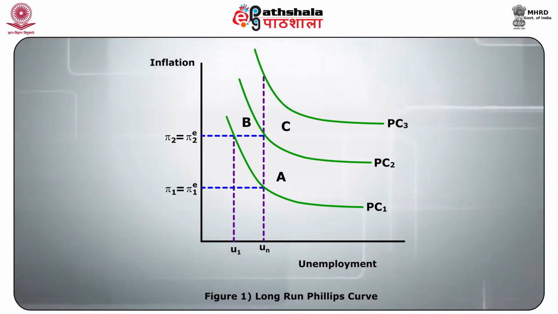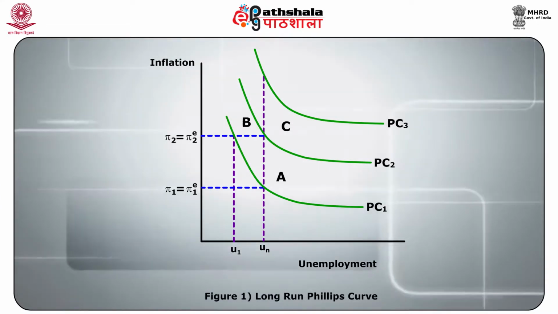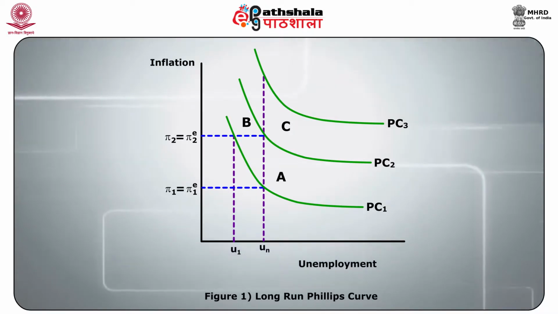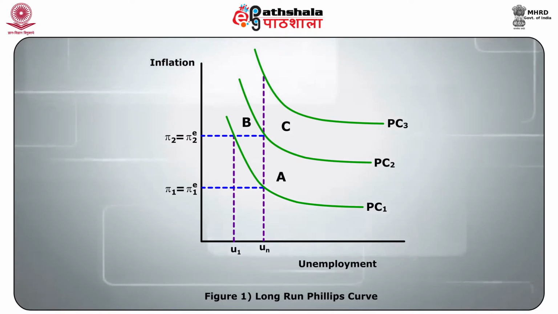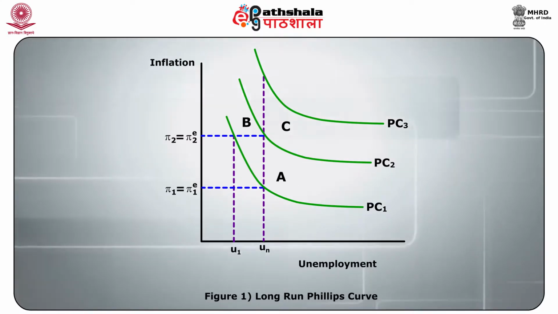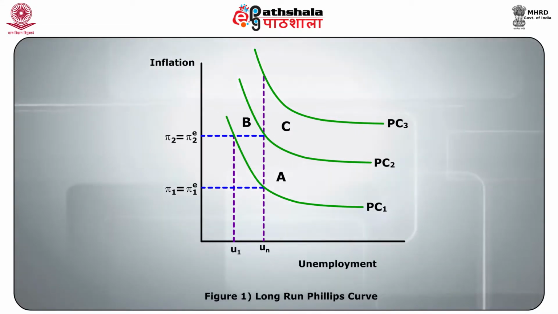When actual inflation equals expected inflation, that is, change in inflation is zero, it indicates price stability, and the unemployment consistent with this is called the non-accelerating inflation rate of unemployment, known as NIRU.